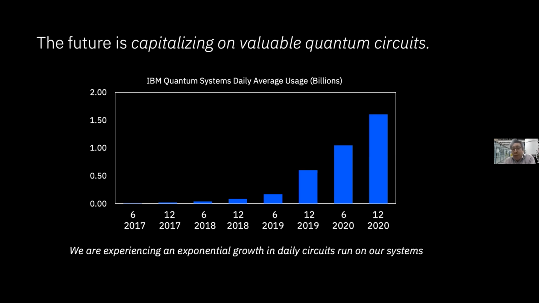Clearly, at this point we're not yet at the stage where these circuits are providing any quantum advantage. But the whole point is how we capitalize on defining those that will provide a quantum advantage, and how we make sure the right users and people who want to study quantum physics are able to get them.